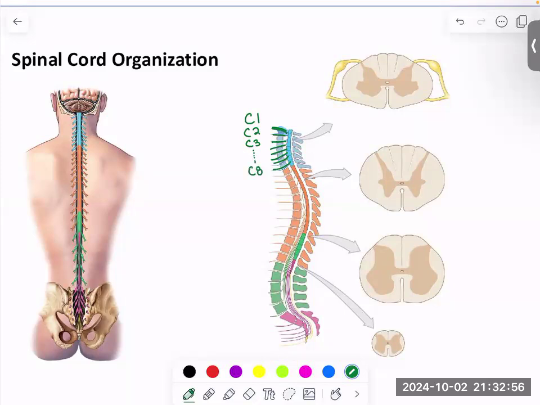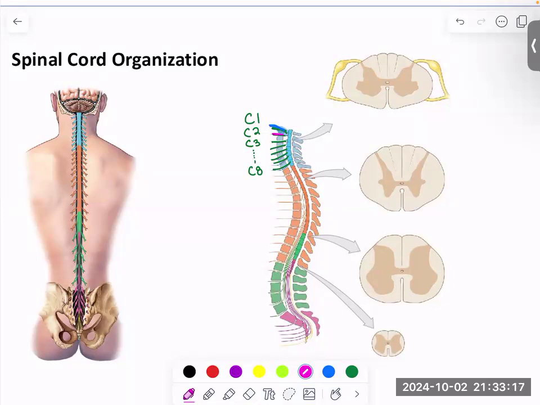There are 8 cervical spinal nerves. Why? Because the very first one has one coming off the top and one coming off the bottom. So there's an extra one for cervical. Cervical is the only one that has an extra spinal nerve.